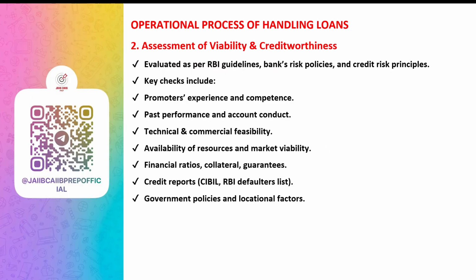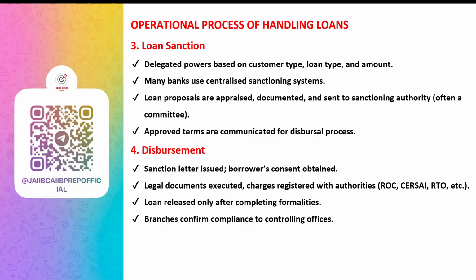Step 2 is the assessment of viability and creditworthiness. Once the application has been received, the bank evaluates whether the loan proposal is sound by checking the promoter's profile, industry comparison, existing loan accounts, technical feasibility, availability of inputs, security offered, financial health, credit checks, cash flow capacity, regulatory restrictions, and so on and so forth.